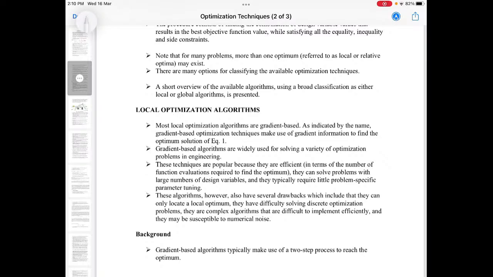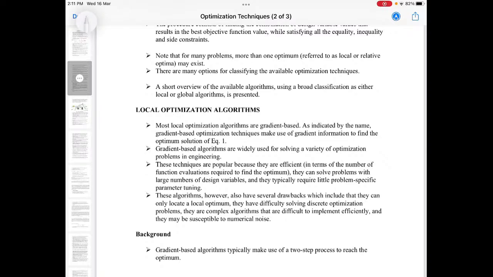It is used in the context of design optimization, and it may lead to challenges in finding optimum designs. Numerical noise is one of the problems in CFD simulation, where it leads to a challenge in finding the optimum.